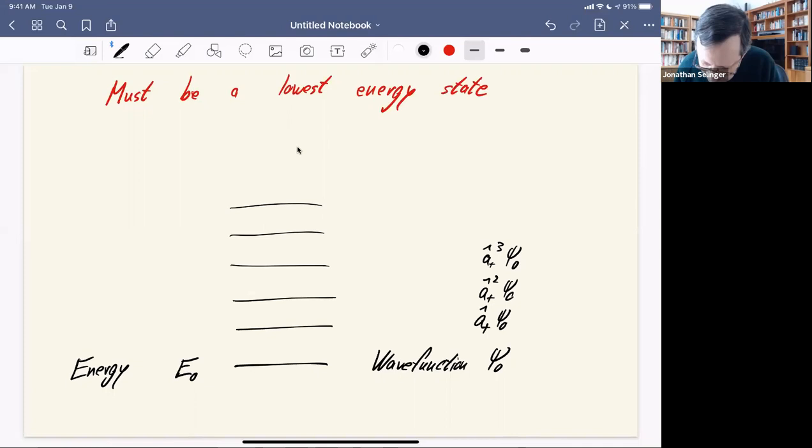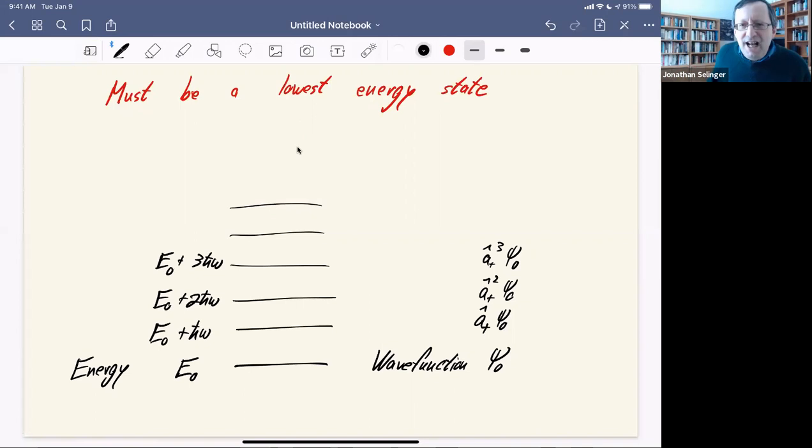And here it's going to be an energy E0 plus h bar omega, E0 plus 2 h bar omega, E0 plus 3 h bar omega. So this ladder is a stairway to heaven. It has a bottom on the earth, and it keeps going up forever, with no upper limit.